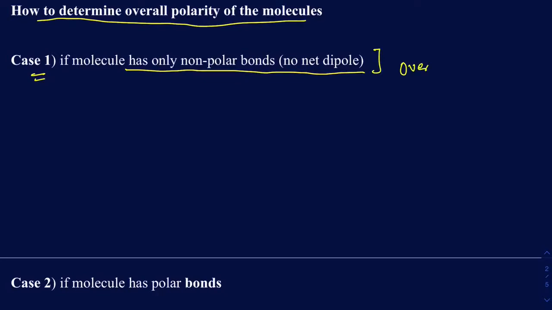So I will say here, overall polarity of the molecule is nonpolar. That's just a dead giveaway. If there's no polarity in the bonds, there's not going to be a net dipole. That's going to be overall nonpolar.